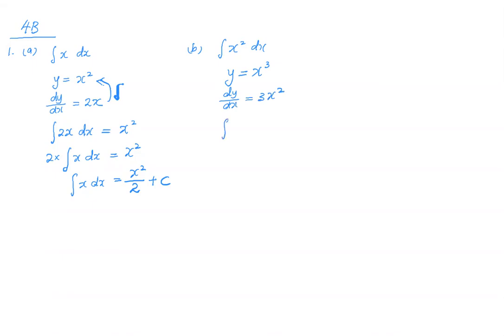If you integrate 3x squared dx, you will get x cubed. So if you just integrate x squared dx, you will get x cubed divided by 3 plus c, am I right?